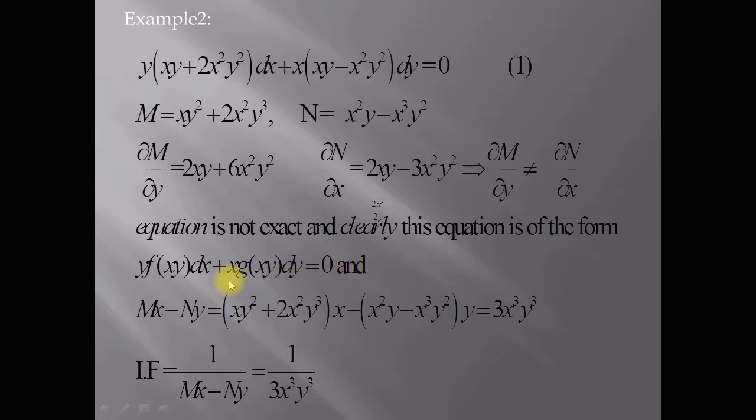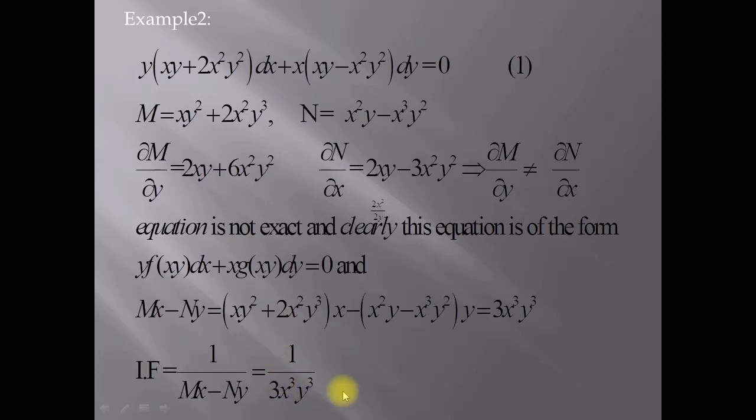And the subtraction Mx − Ny is the M function multiplied by x minus the N function multiplied by y, and after simplification we get 3x³y³, which is not equal to 0. So the integrating factor is 1 over (Mx − Ny), so 1 over 3x³y³ is the integrating factor.